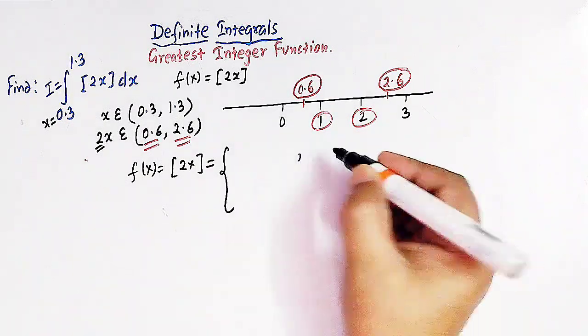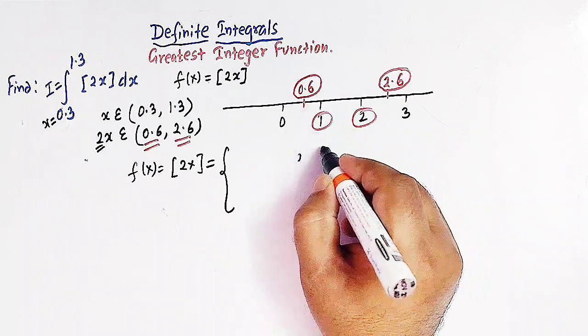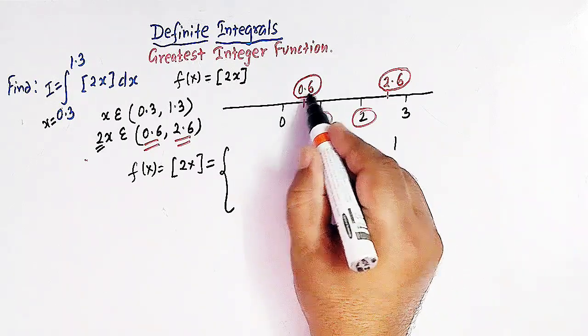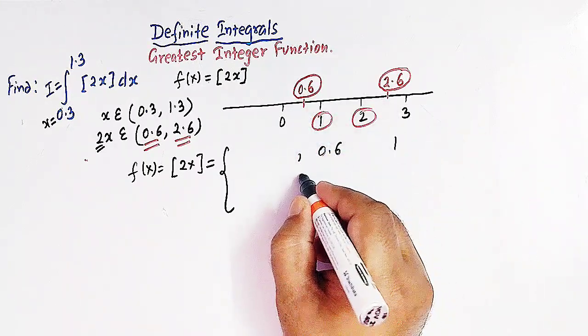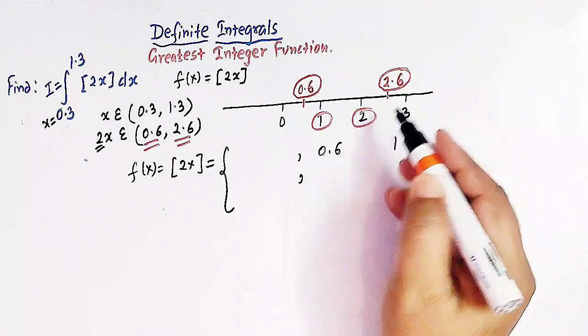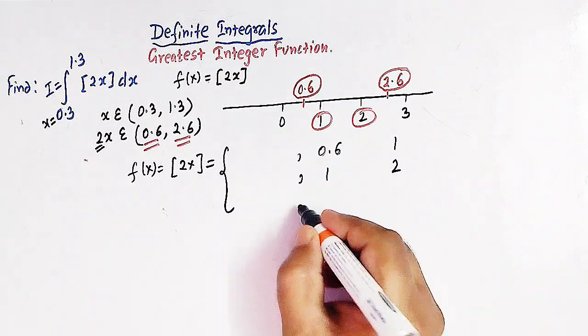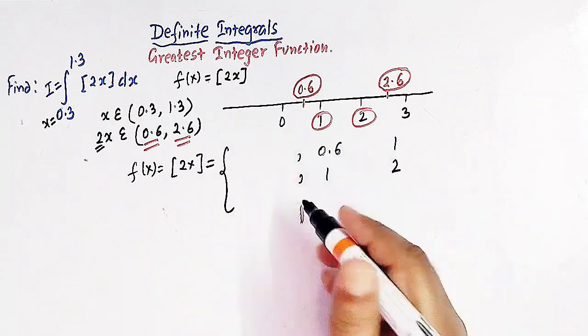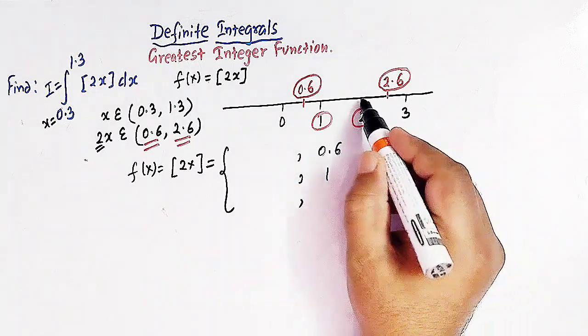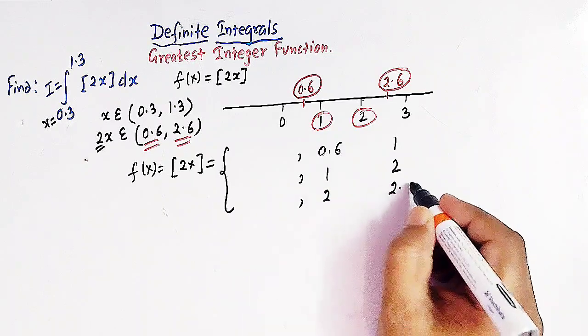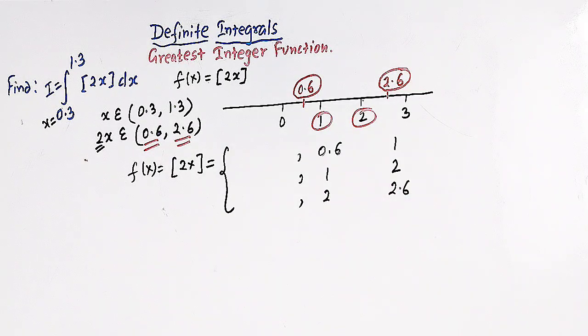So the first interval is from 0.6 to 1, right? Then the second interval is from 1 to 2. So here we'll write 1 and here we will write 2, right? And the third interval is from 2 to 2.6. So here we'll write 2 and here we will write 2.6, right?